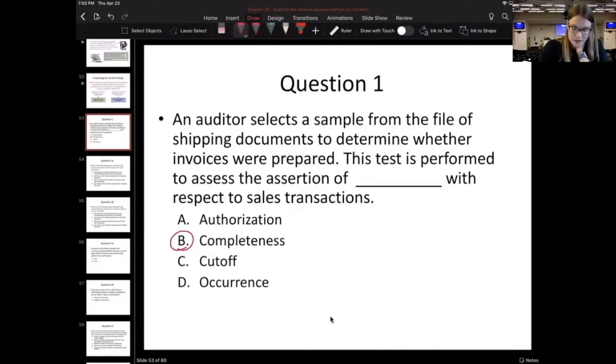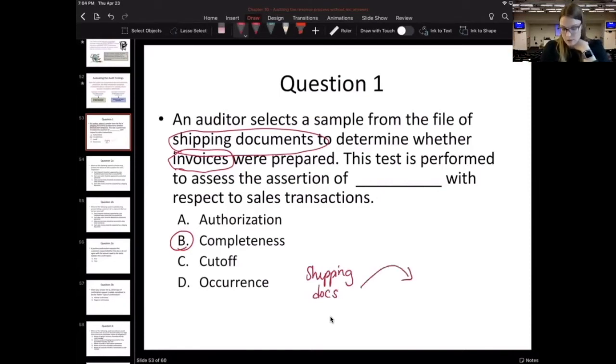But basically, to think through this, what you're doing is you're picking a sample from shipping documents and you are tracing it back into invoices. Now, remember, we talked about the fact that invoices represent records because they represent a sale being recorded.